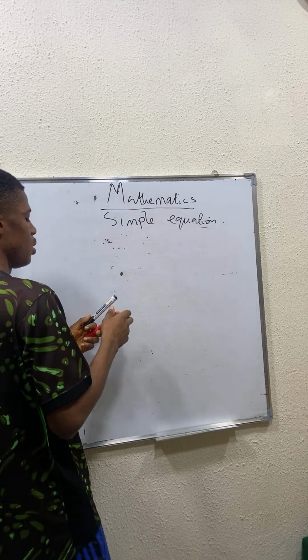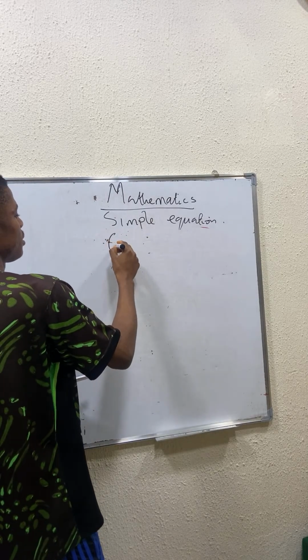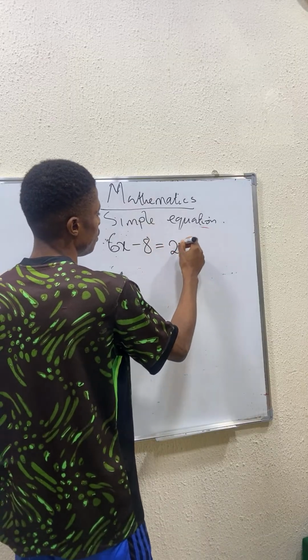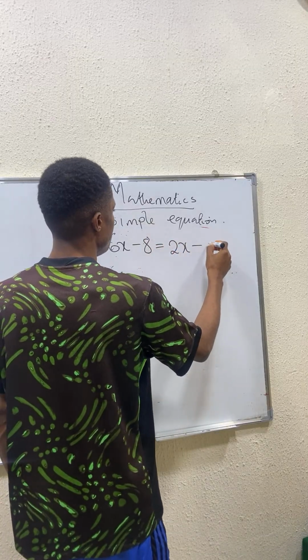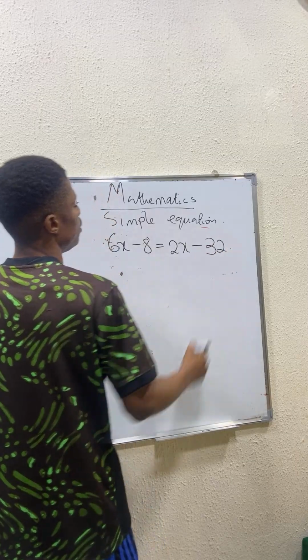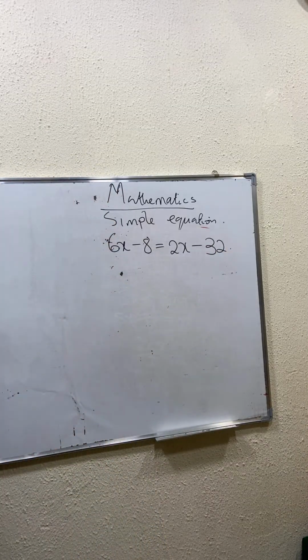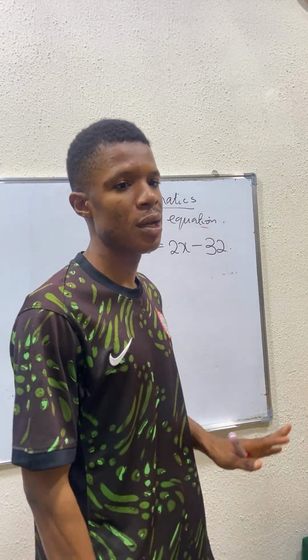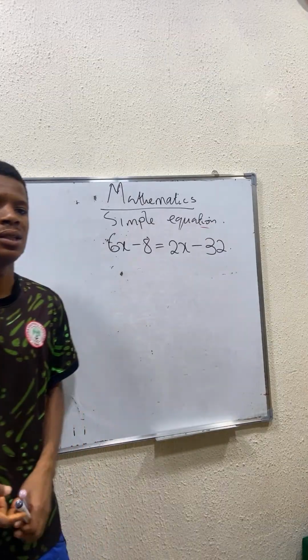So we are told to solve 6x minus 8 is equals to 2x minus 32. Here we are looking at how to solve for the value of x. When we are doing it, you don't have to write, just look at the board and understand it.